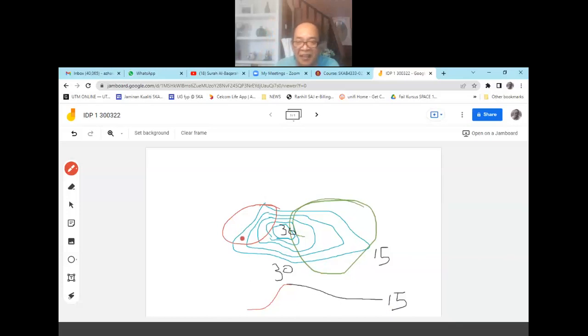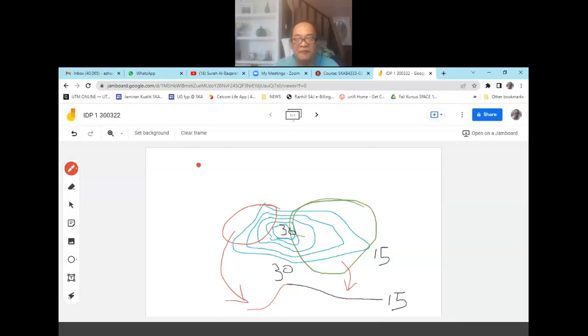Whereas if on the right hand side, the lines are spaced out, relatively far apart, then we can make a conclusion that this is referring to a gentle slope, whereas on the opposite end of the hill, of the peak, we are looking at a steep slope.